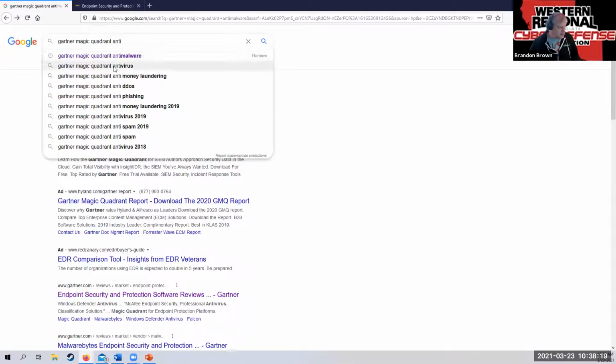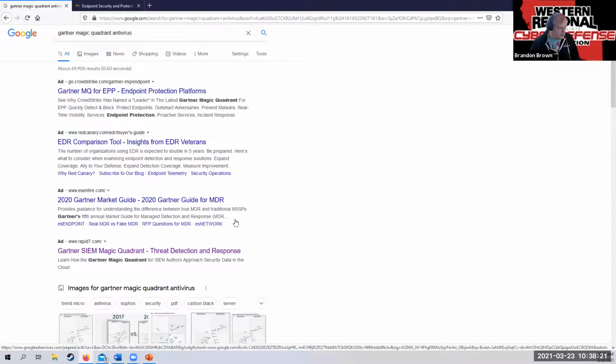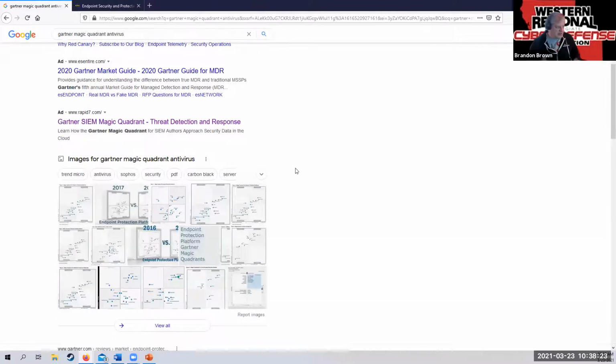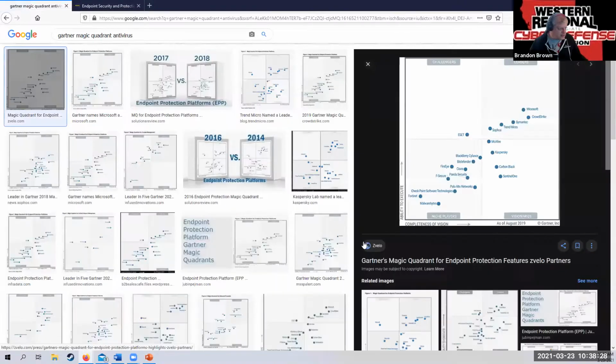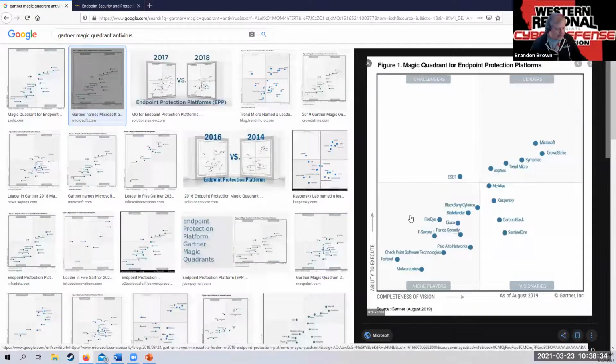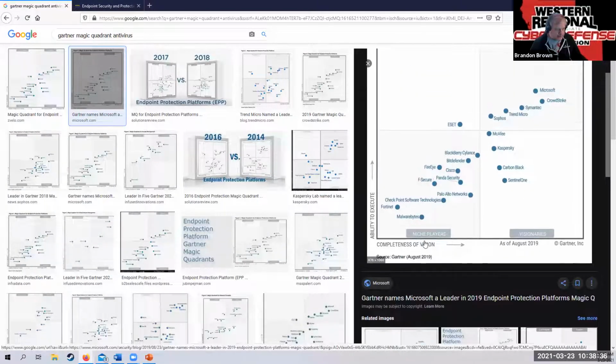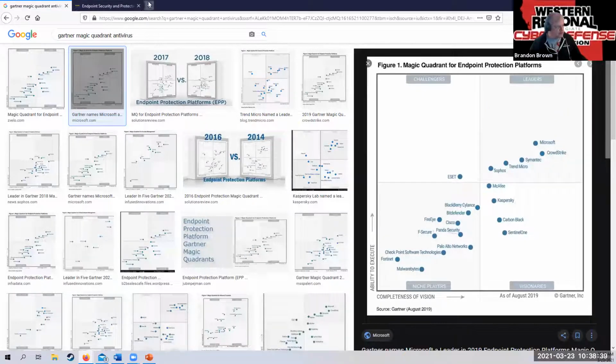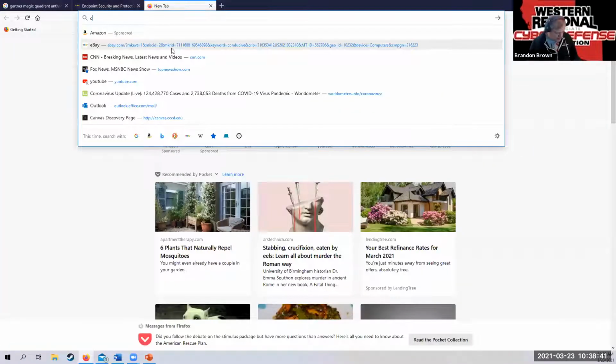It's always fun to see. It's going to give you the same thing, because anti-malware, antivirus, kind of the same story. Yeah, endpoint protection, same story. That's one I hadn't looked at.